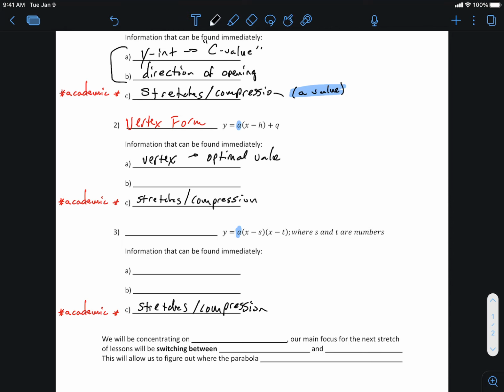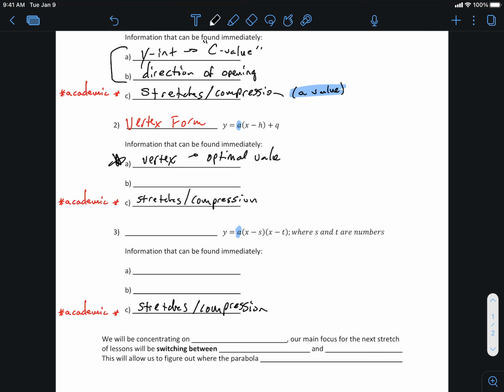This is the big one. Being able to read off the vertex, and we care about the vertex in specific situations when we're talking about maximums versus minimums. That's why we care about vertex form. Vertex form will spit out the maximum or minimum value, so then we can answer the question. That's why we care about it.